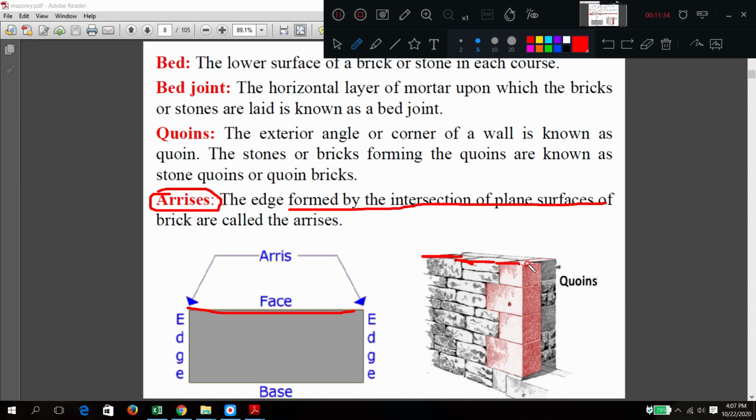If you take a brick, this is the horizontal plane of the brick, this is the vertical plane. The edge formed due to their intersection, we call it arris. Okay, I think it is clear now.